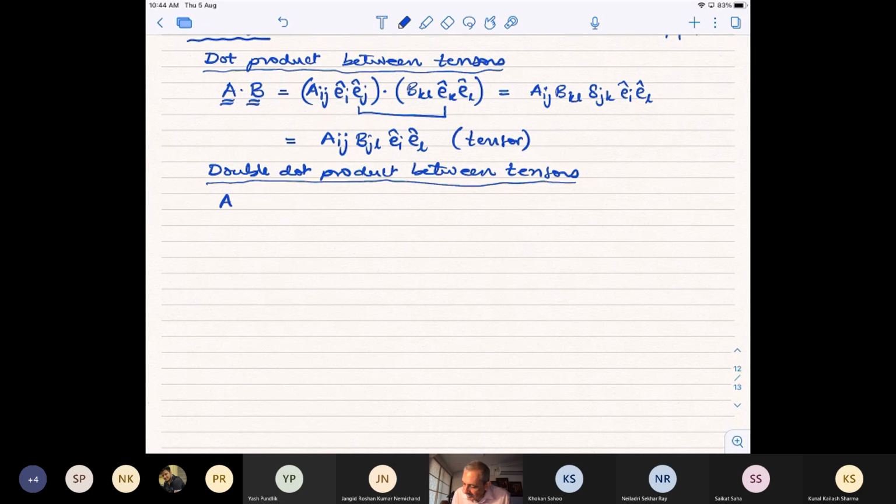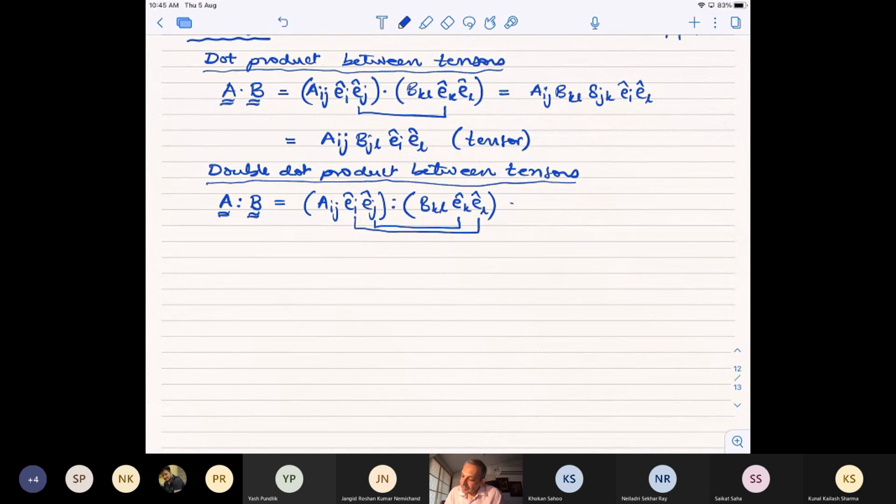Let's say we take the same two tensors, A double dot B. But instead of one dot, we now have two dot products to be done. Now the formula is the same. First take the first dot product between the two closest vectors, and then the second dot product between the next two closest.